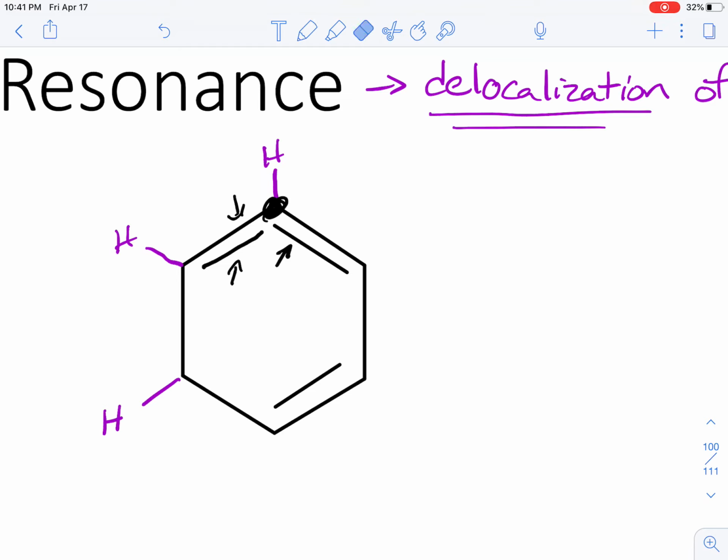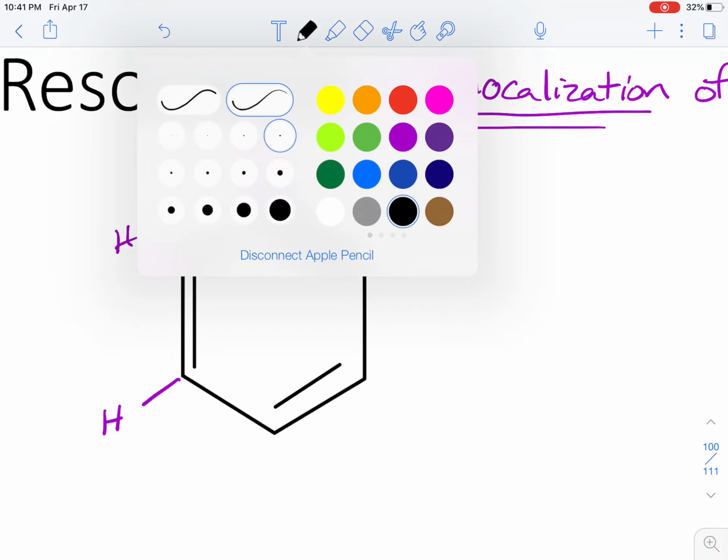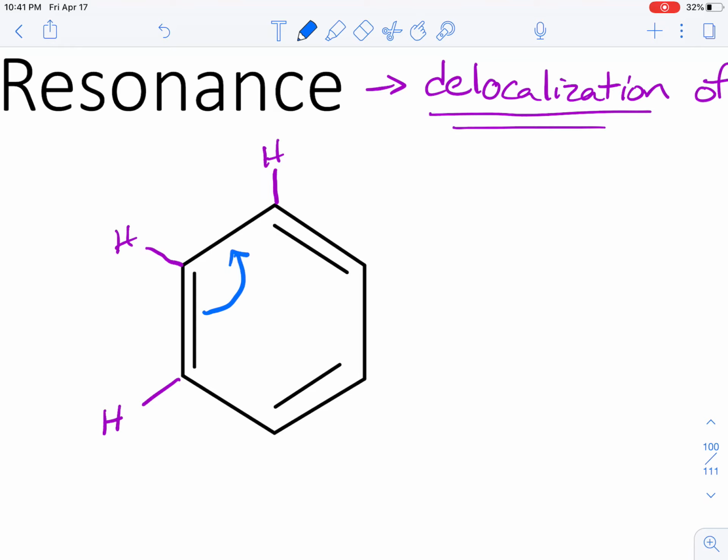And so to ensure that the carbon is still stable, when this double bond moves, so when this pair of electrons from this double bond moves or is delocalized, the pair of electrons that's found in this double bond also needs to move to the next carbon over, and the same thing here.